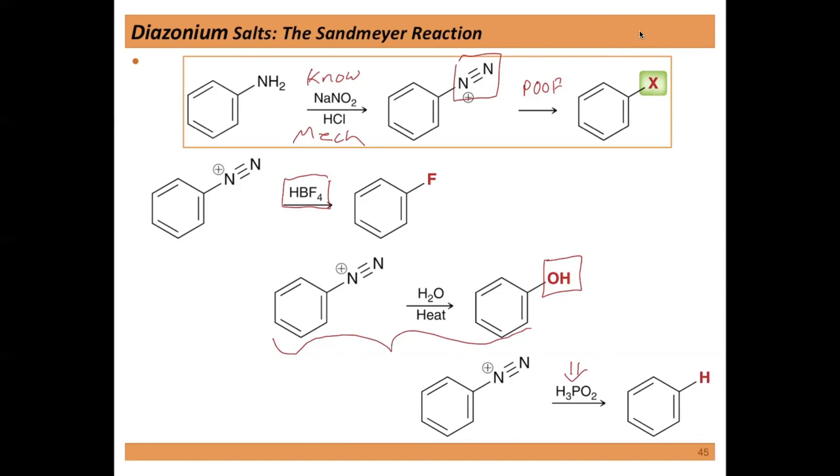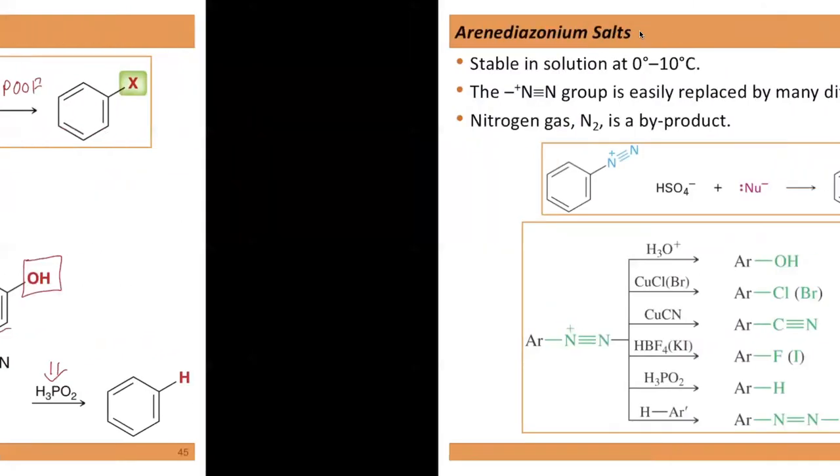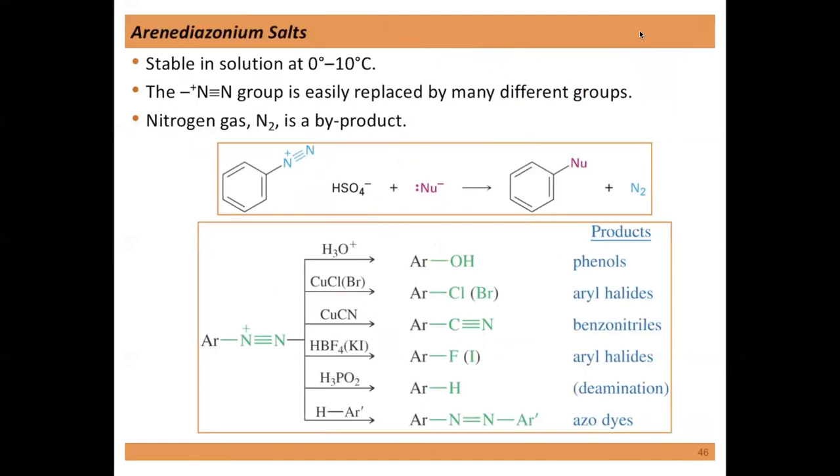So these Sandmeyer reactions are very useful because from just the diazonium, we can get to a variety of different aromatic substituents. And so I've summarized those here. You may notice that some of these are slightly different conditions, but we can make phenols, essentially just a little bit of acid and water in there.